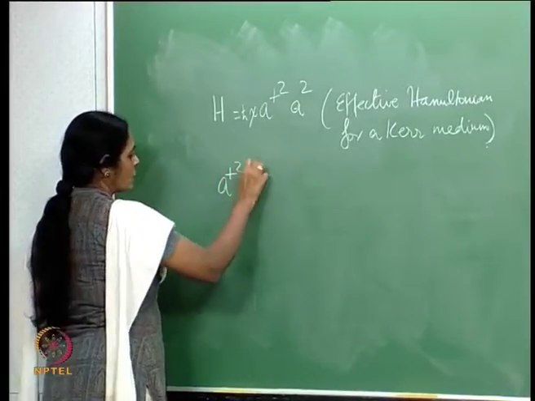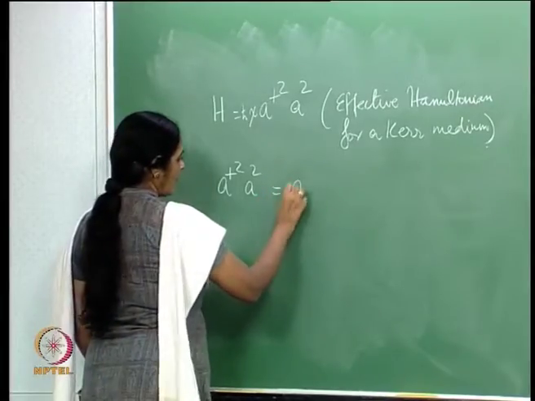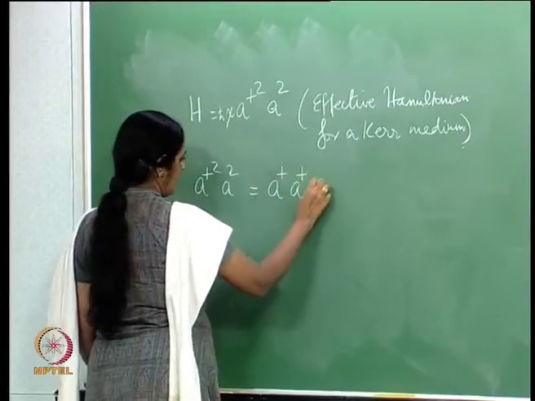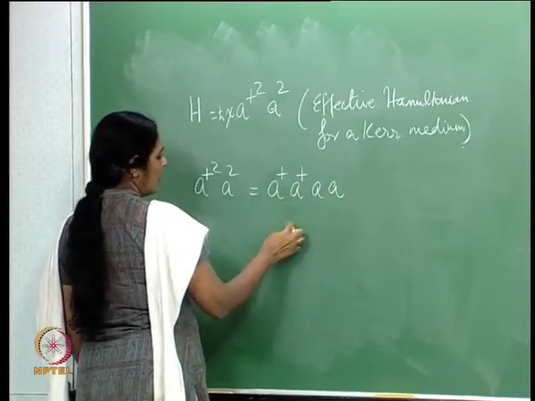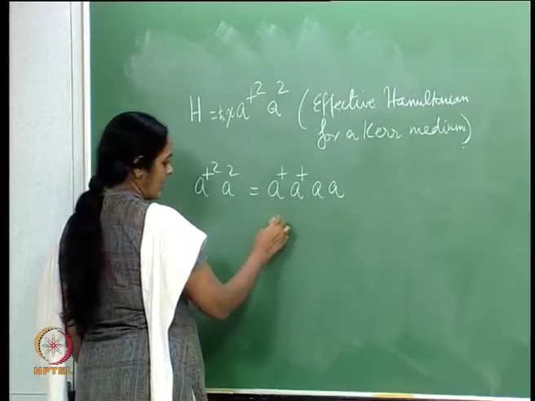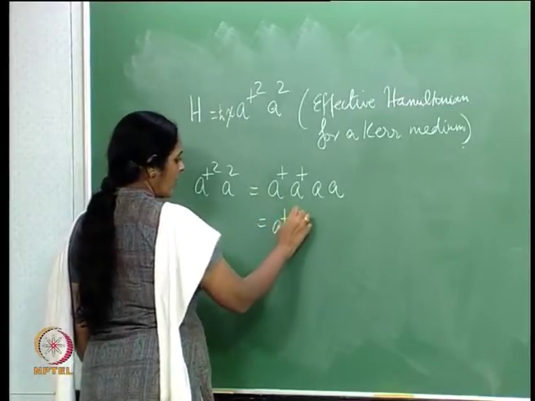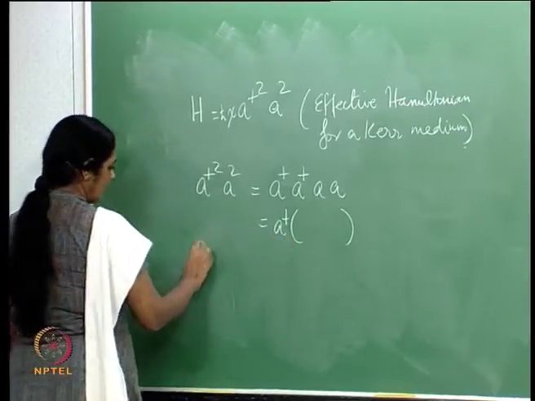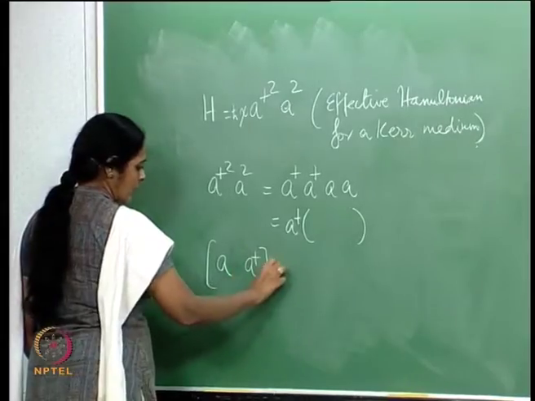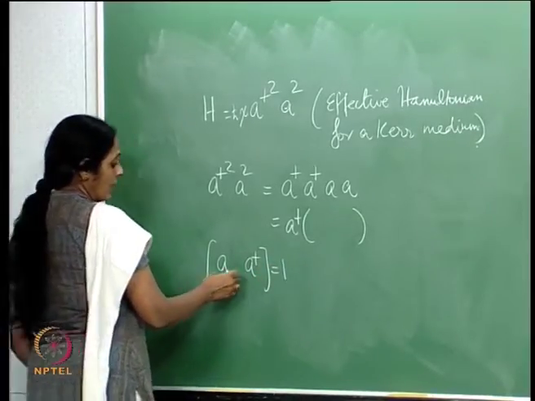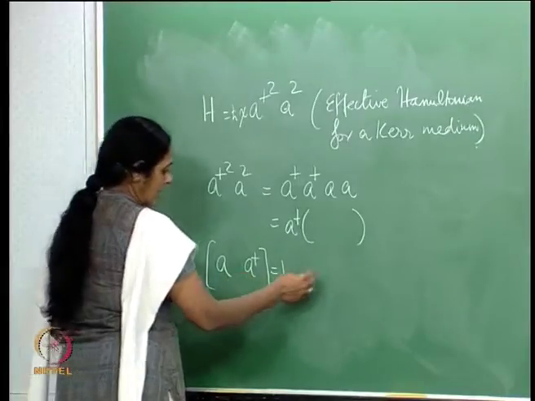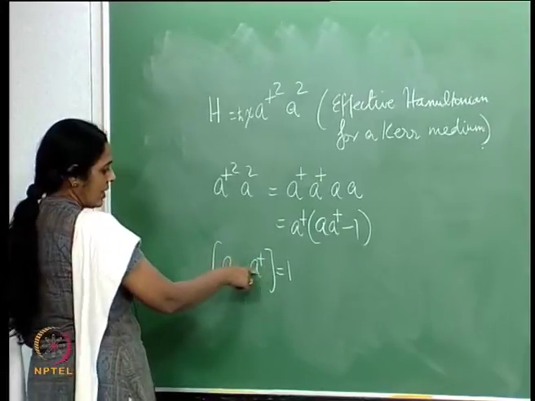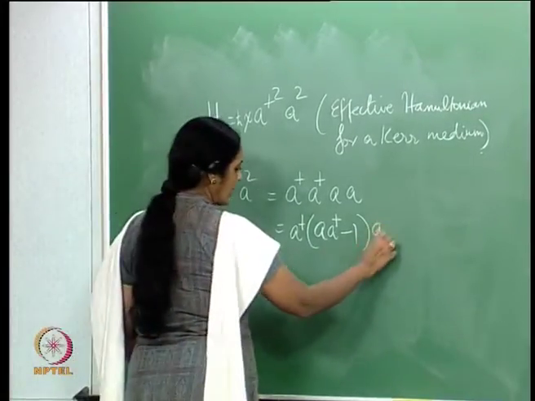I consider A dagger squared A squared. I can write this, the idea is to write it as A dagger A dagger A A. So, I write A A dagger in terms of A dagger A. Recall that the commutator of A and A dagger is 1 and therefore, A A dagger is 1 plus A dagger A. So, I can write A A dagger as A dagger A minus 1 and there is an A there.